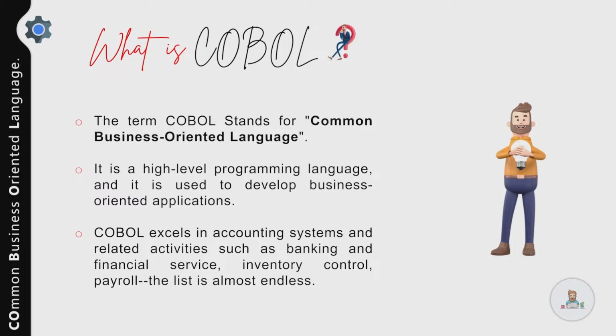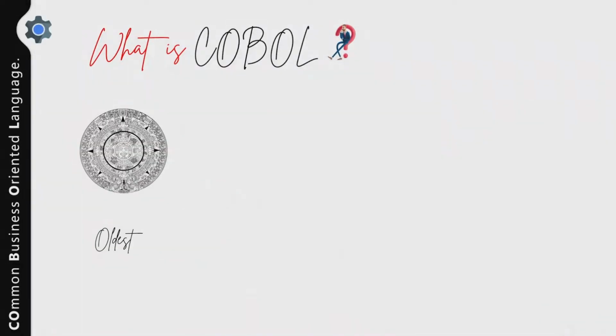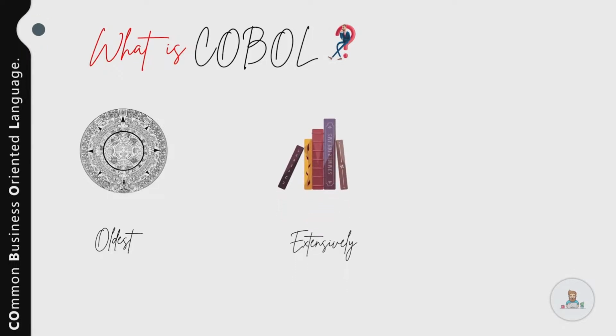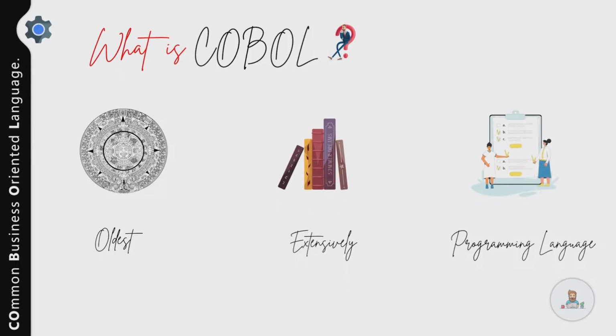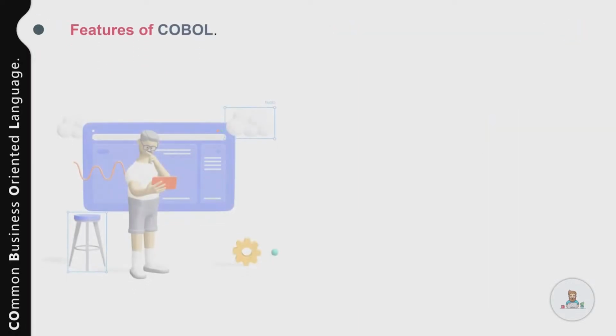The list is almost endless. So finally, COBOL is one of the oldest and most widely used programming languages. It is not only used on IBM mainframe, but it is also heavily used on Windows and the cloud computing platform.